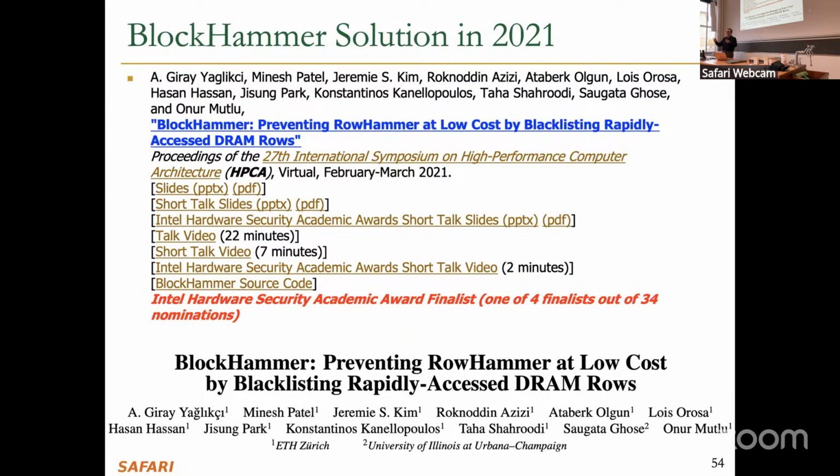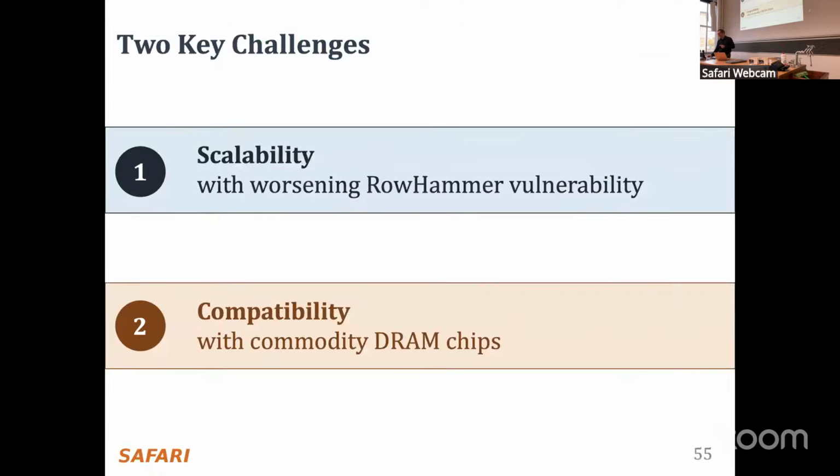You can refresh one adjacent row on each side or two or three adjacent rows, depending on your comfort level. If you can also detect how many times a row is activated before you get bit flips, you can stop access to that row. That's the idea over here. You can block access to the row before bit flips happen. So how do you make it work is the key question over here.